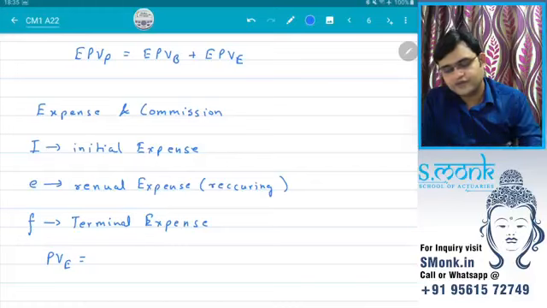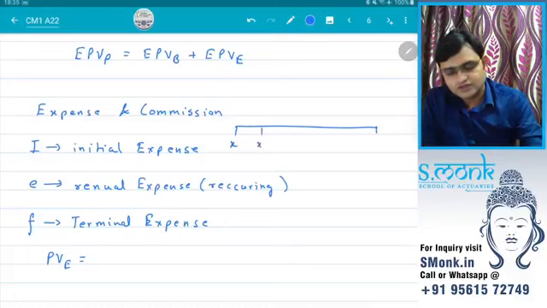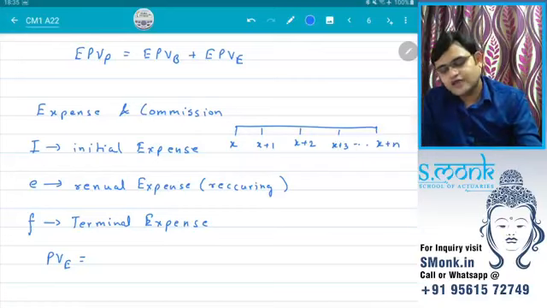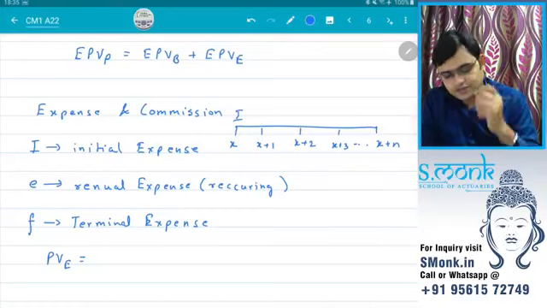So see, if I make a timeline, let's say a person age x takes a policy, and this is how our policy goes, and at x plus n, the policy terminates. We have an initial expense here.